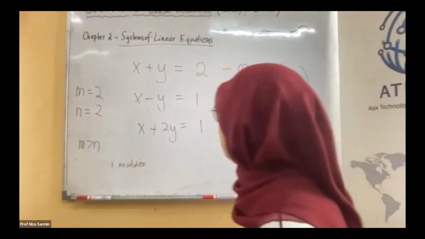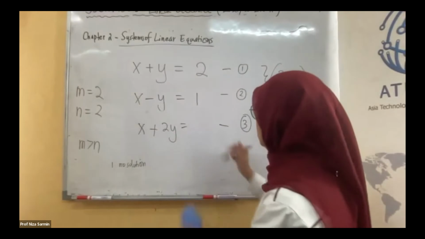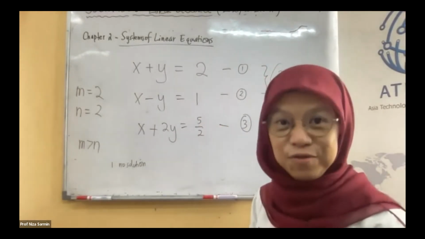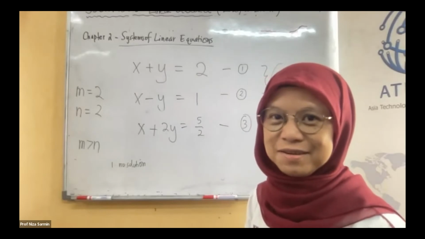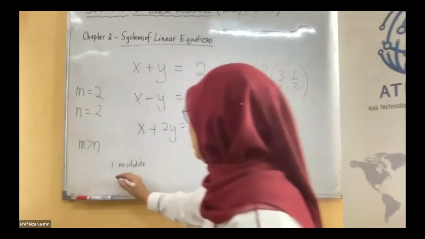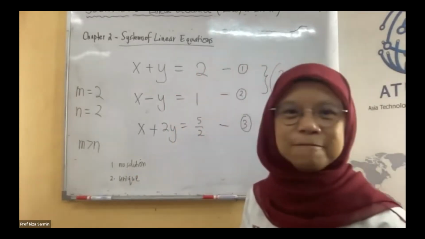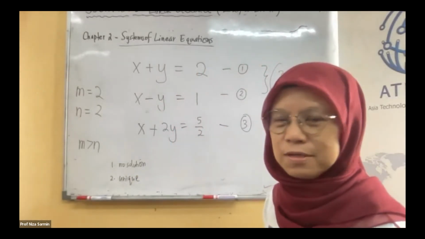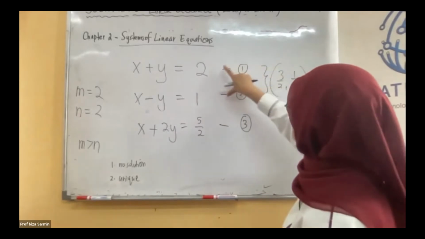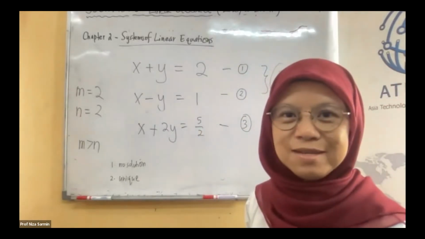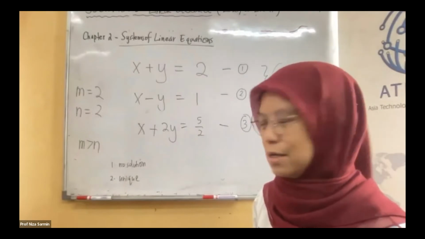For m bigger than n. But if I change this to 5/2, this will be unique, because by this you get this, and by this also you get it equal. So it's unique.